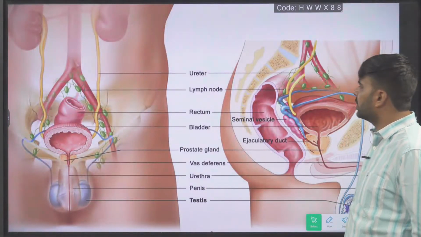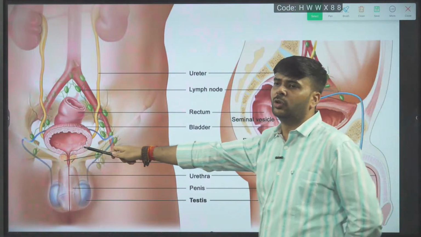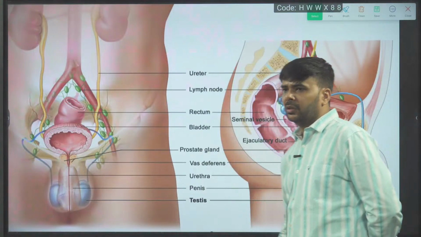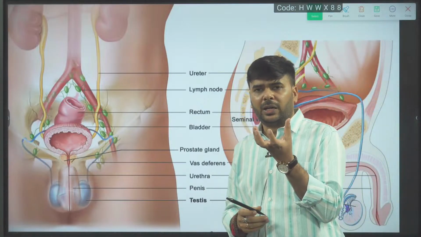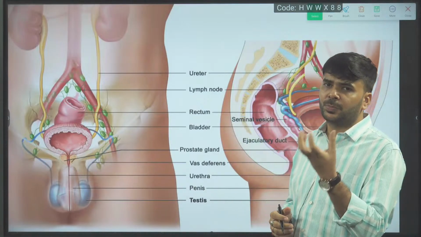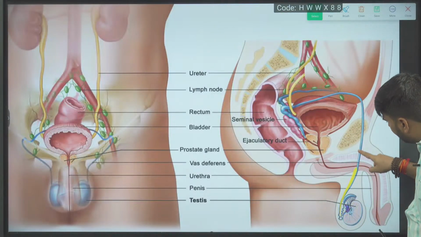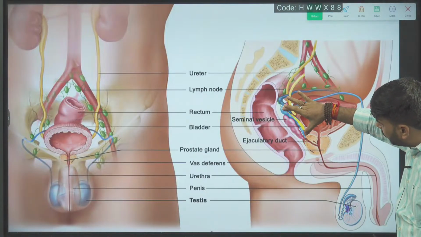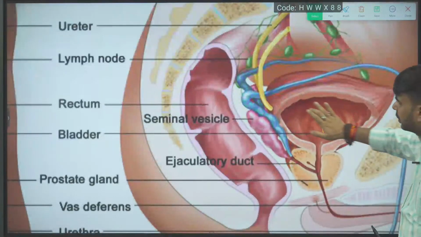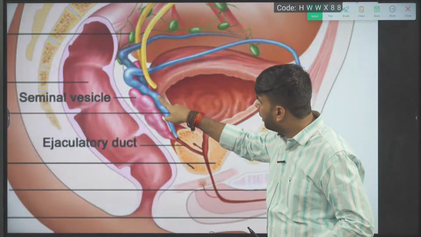Here you can see the lateral view of the male reproductive system, and here the ventral view. This part is testes. Testes are present in the scrotal sac, one skin chamber, and the testes form sperm, the male gamete. Male gametes travel in this direction to this area, which is the ejaculatory duct. If you're asking, sir, what about the ejaculatory duct, here you can see it.